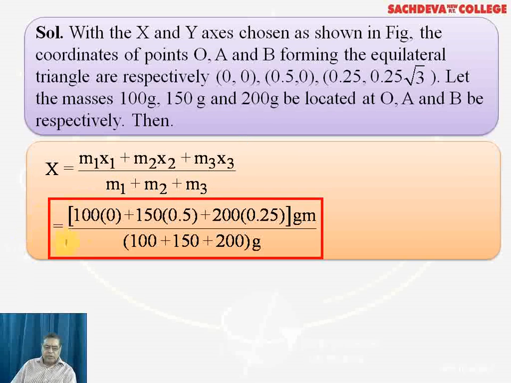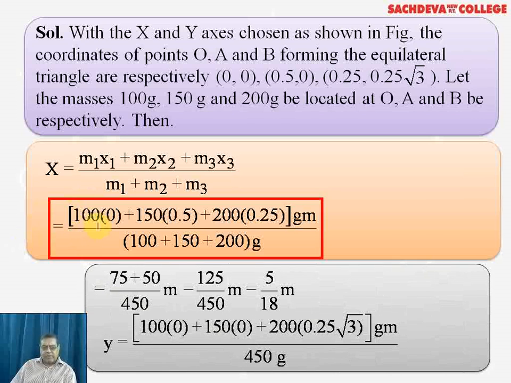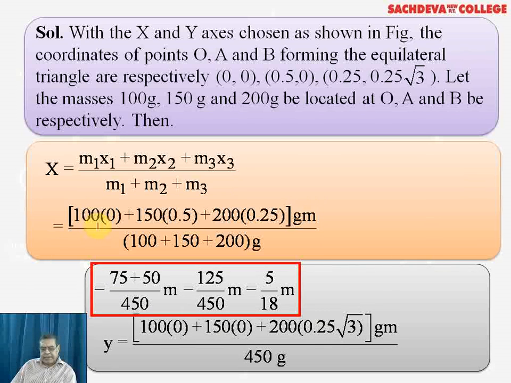Now putting the values, we will make the calculations, and the whole number will come in grams. In the numerator and denominator, the grams will cancel off, and the center of mass will be calculated. The center of mass x will be 5/18 meters.